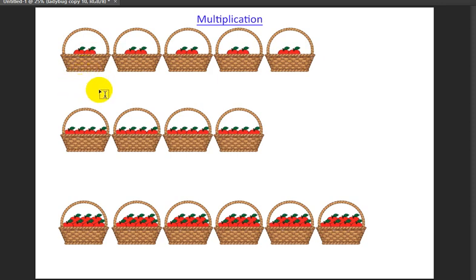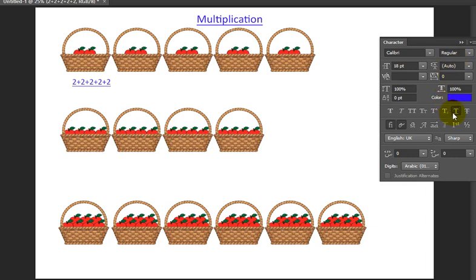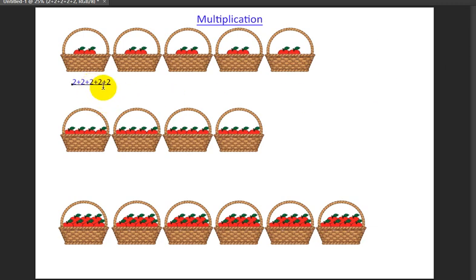So if we were to do this the way that we already know how, we would say, well, there are 2, and another 2 here, and another 2 here, and another 2 here, and another 2 here, right? But you can see already that this is taking up a bit of space. 2 and 2 and 2 and 2 and 2.